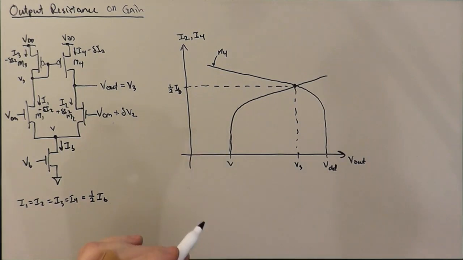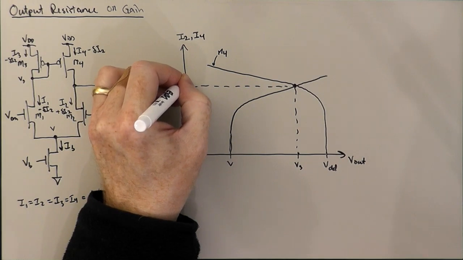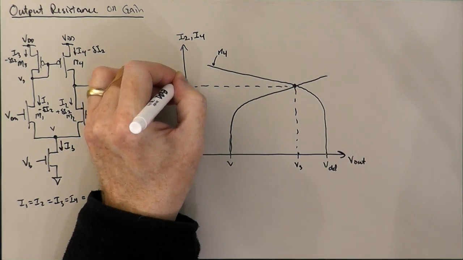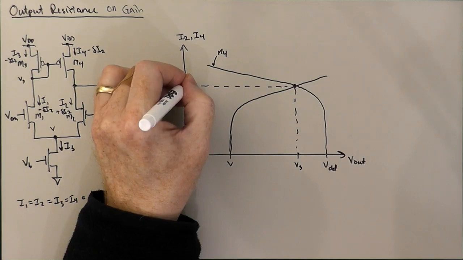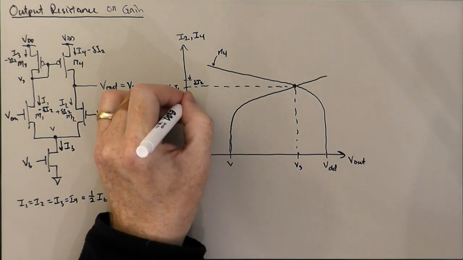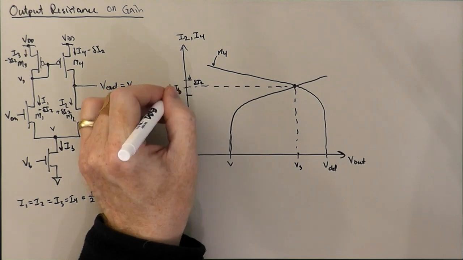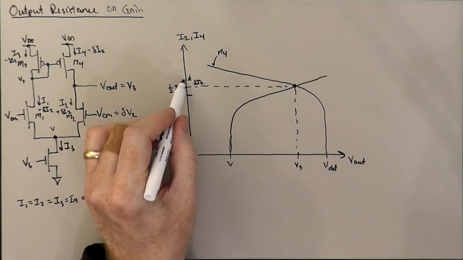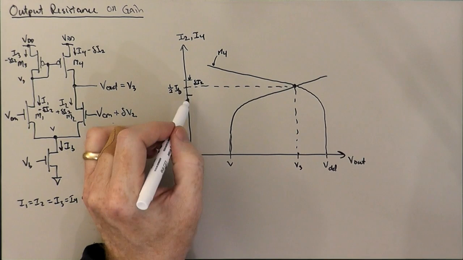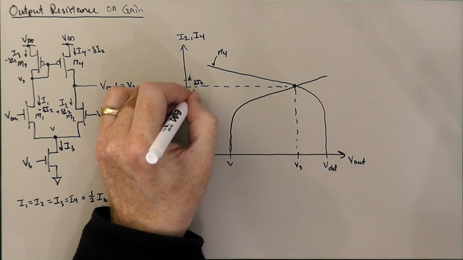Okay, so let's assume that delta I2 is not very big, and so let's say delta I2 is this amount. So that we have an increase in delta I2 up here. So IB over 2 plus delta I2 would be up here, and IB over 2 minus delta I2 would be down here.